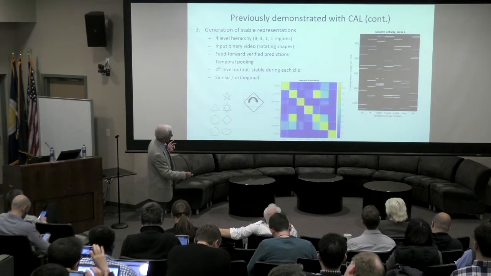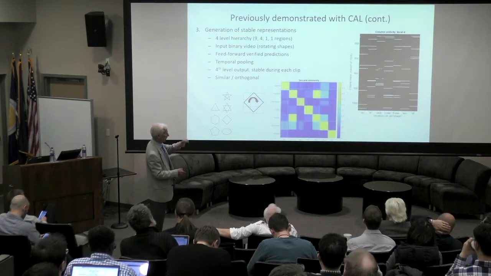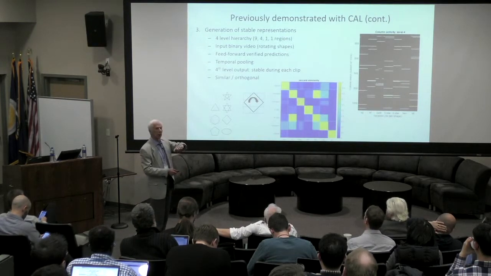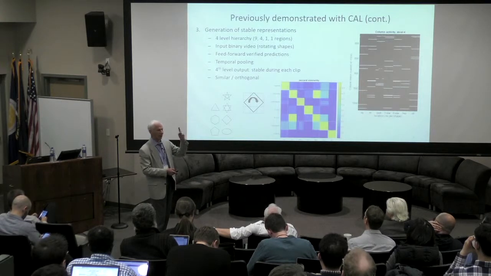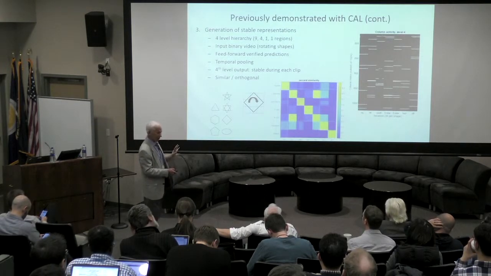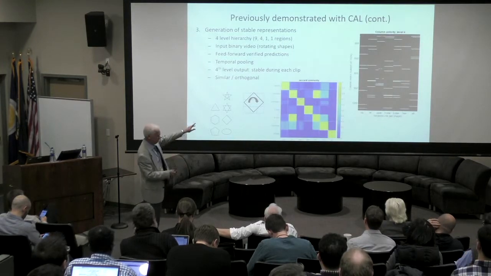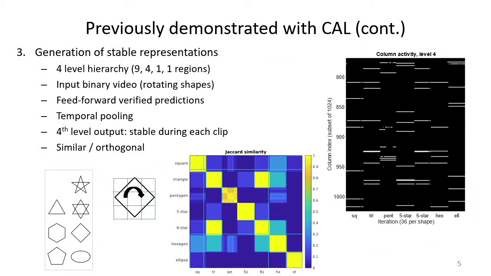And the brightness down here shows the stability. Pentagon is not quite stable. In fact, that's oscillating between a hexagon and a square. So it's somewhere in between. And if you look at this, this is not a confusion diagram. It's not trying to classify, but it is showing the similarity and the orthogonality between the shapes.